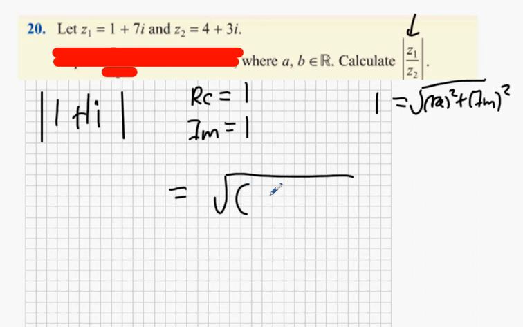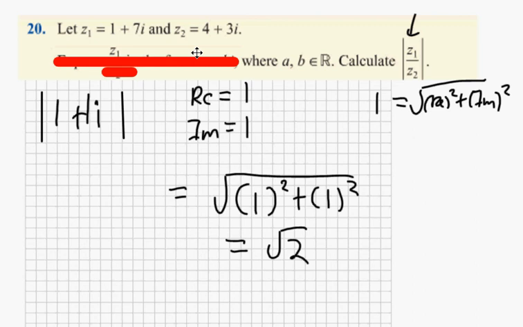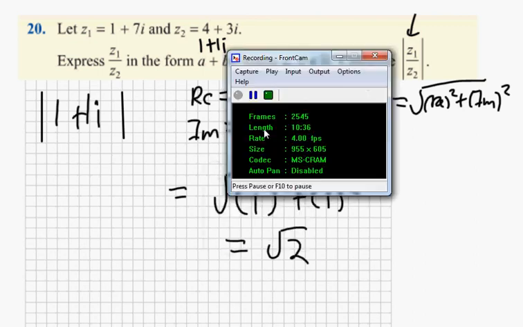Square root of 1 squared plus 1 squared, which equals square root of 2. And if I take this back, you can see that the answer for a plus bi is just 1 plus 1i. They're both 1s, and the modulus is root 2. Okay, guys.